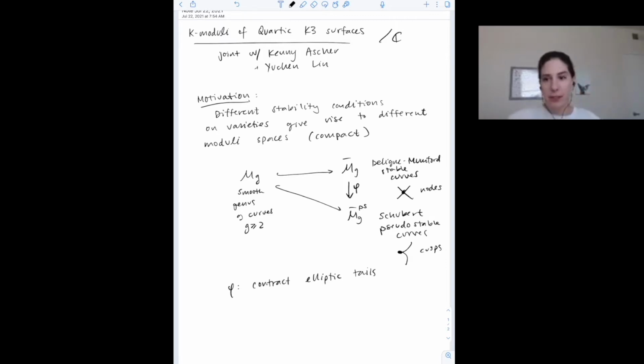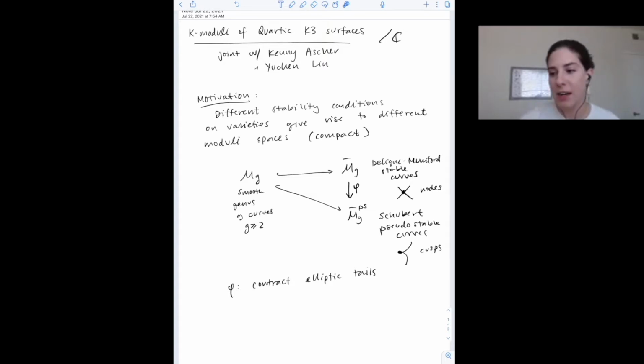And a contraction of an elliptic curve will give rise to this cusp here. So there's actually more stability conditions, and this idea of the log minimal model program on M_g bar gives this very beautiful picture of different families of curves that we can talk about.